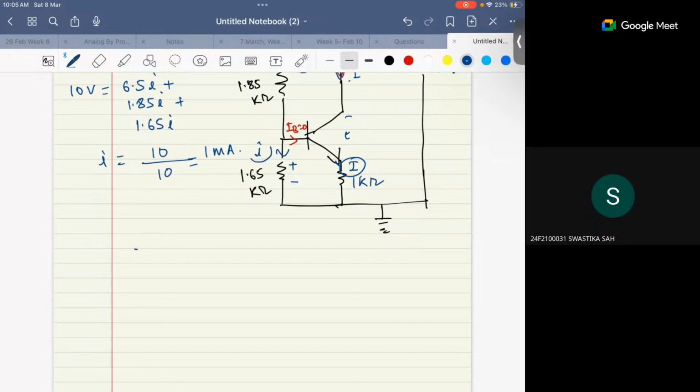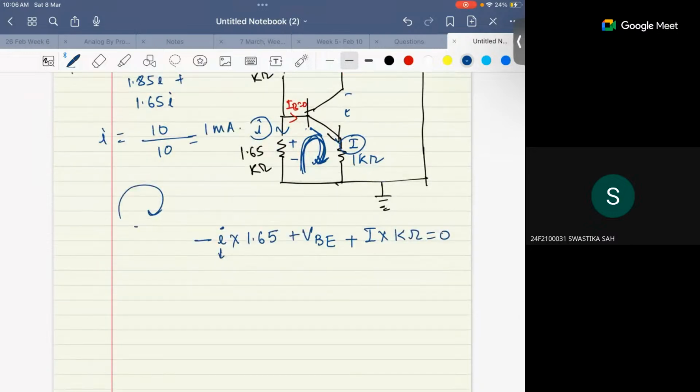There was already a current here, I, that was 1 milliampere. So I am using the KVL like this. I'll start from here, minus I times 1.65, and then I am moving here. Then we have to consider plus VB also, correct? And then again there is a drop of I times 1 kilo ohm equals to 0, correct? I am moving in this loop, so I can use this loop, right? Now I is what?